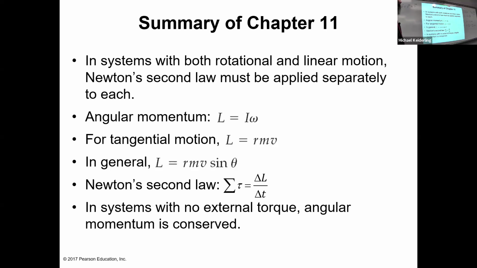Newton's second law can be rewritten as torque equals change in angular momentum over time. In systems with no external torque, angular momentum is conserved, but because you can rearrange mass easily, you can get changes in angular velocity without any change in angular momentum.